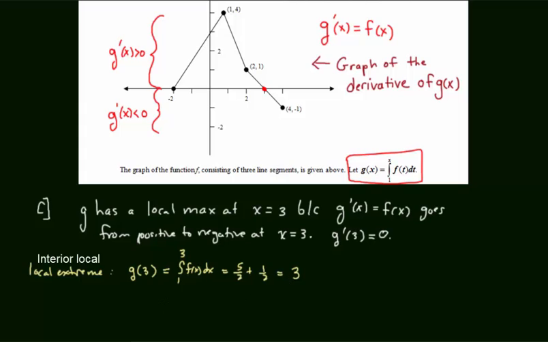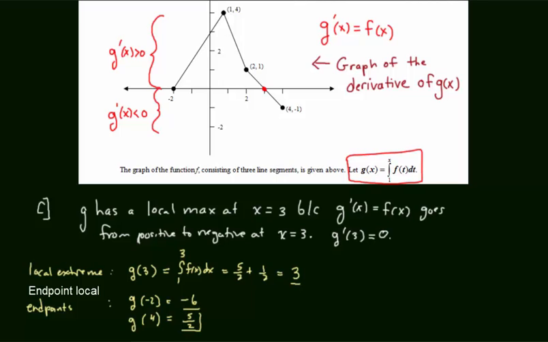Next, I want to look at the endpoints, and that will be g of -2 and also g of 4. Luckily, we already found these values in part A. So g of -2 is -6, and g of 4 was 5 halves. And I should be able to look at these values, 3, -6, and 5 halves, and determine which one is the biggest, which one is the smallest.